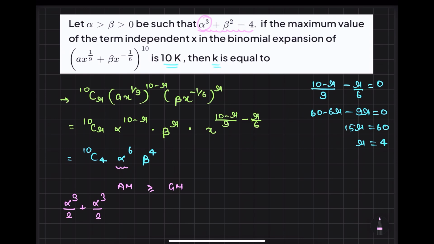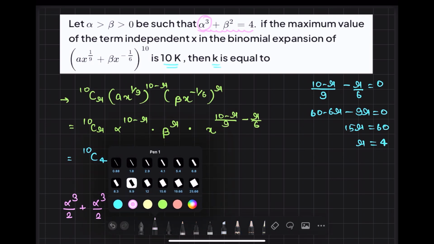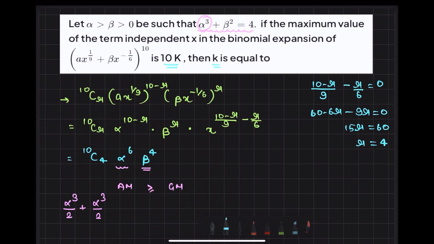And we want beta power 4, so I will break beta power 2 in two parts: beta power 2 by 2 plus beta power 2 by 2.